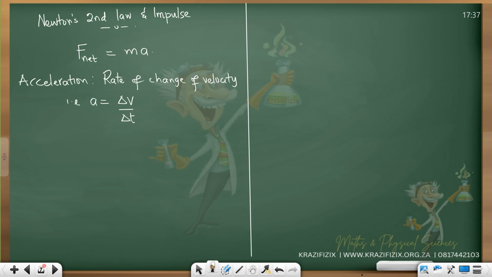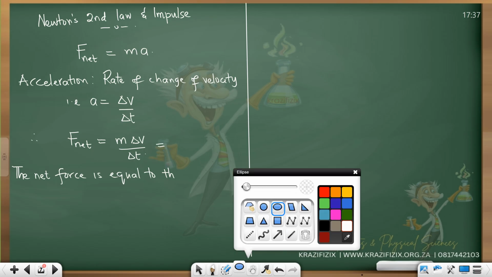All right. Now, if I replace this there, do you notice that I can say F net instead of writing A? It therefore means that the net force is equal to, if we change this to words, oh, by the way, do you notice that we've seen this before?